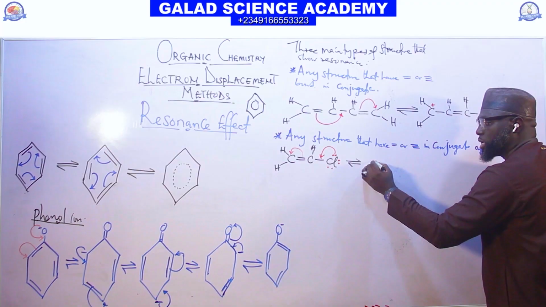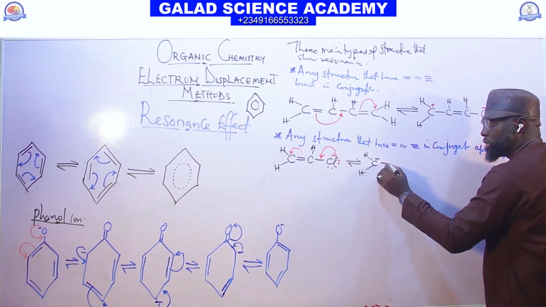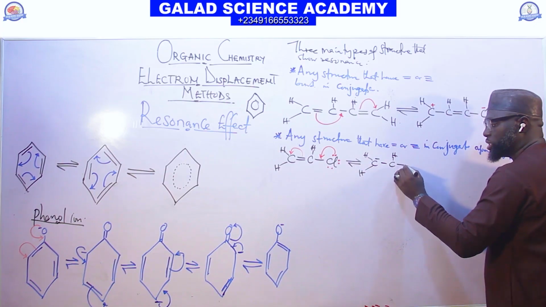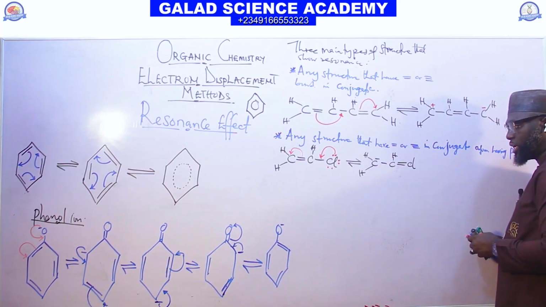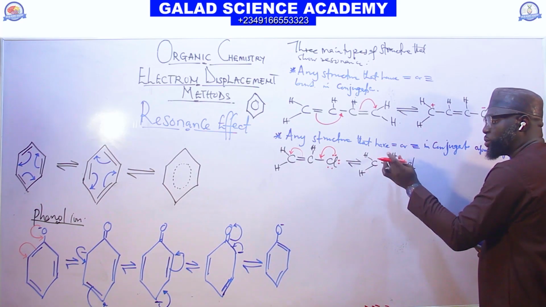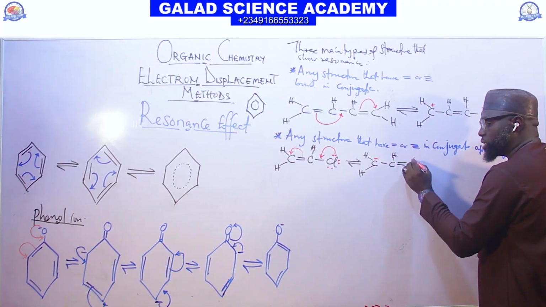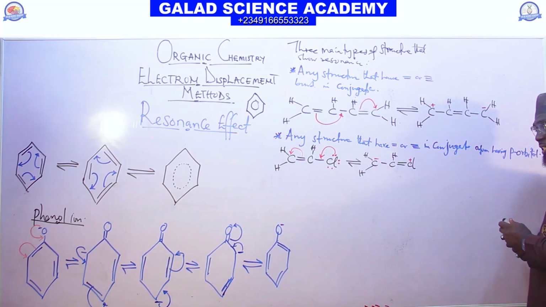So we are going to have CH2 minus, a single bond, and a double bond to chlorine. The chlorine here will become positive, and the carbon here negative.